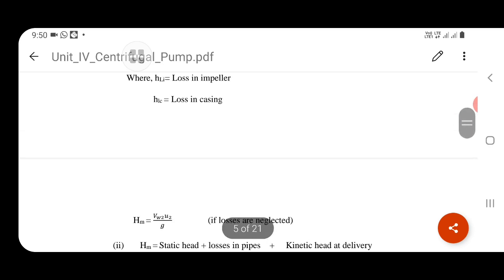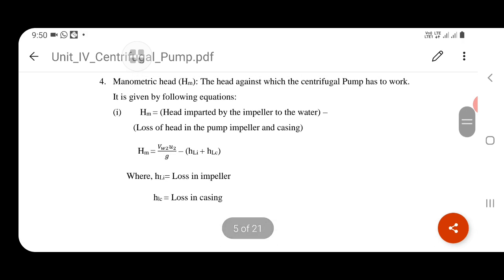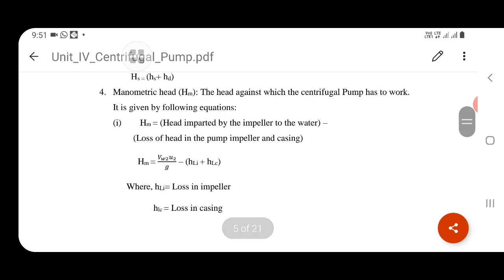Again I repeat, firstly write down the first case: head imparted by water, minus loss of head in pump, impeller and casing, where HLI is loss in impeller and HLC is loss in casing.